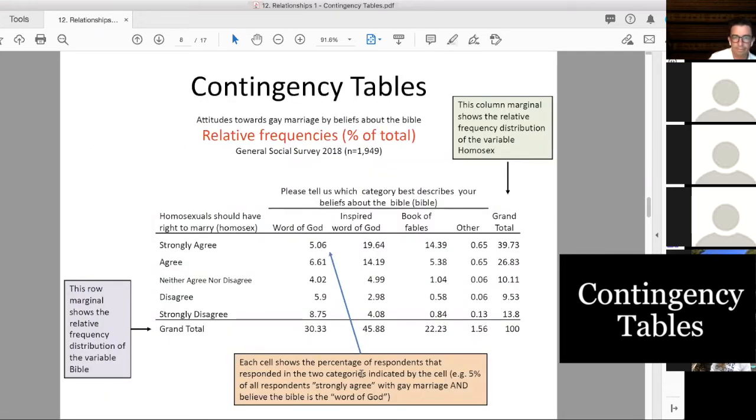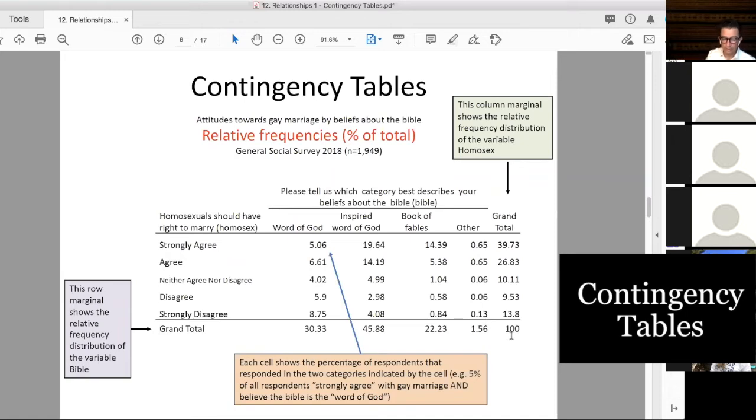Okay, how does this look? This is the relative frequencies as a percent of the total. Remember on the original table, we had that about 1,900 respondents answered both questions. Right? Now, what we did here is we divided every number in the table by this total in the table and multiplied it by 100.